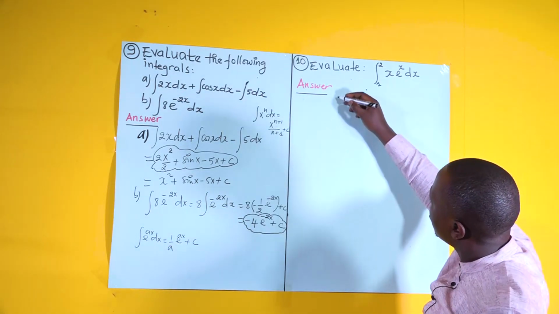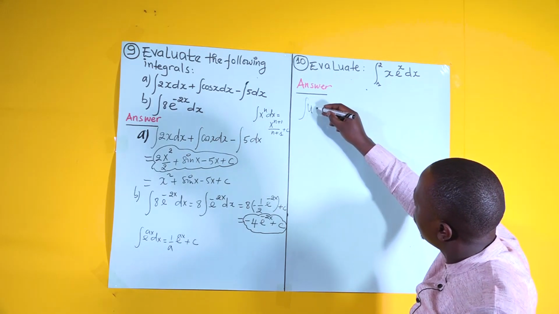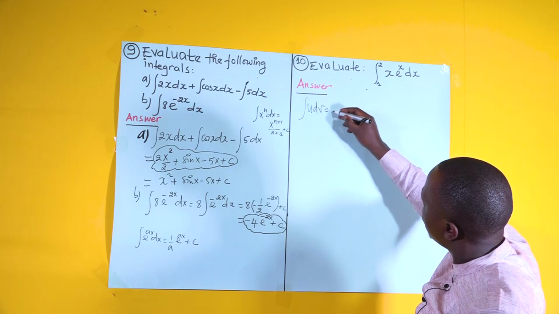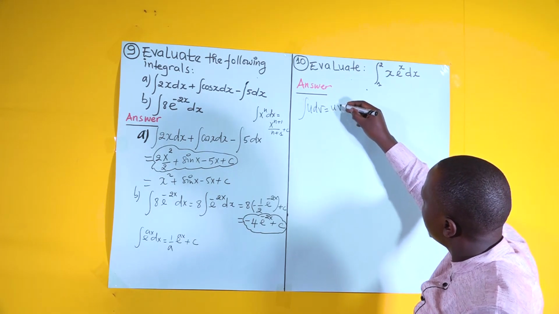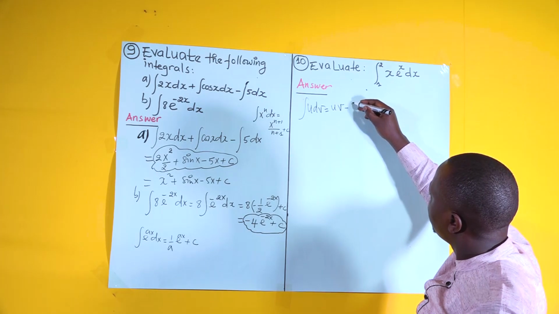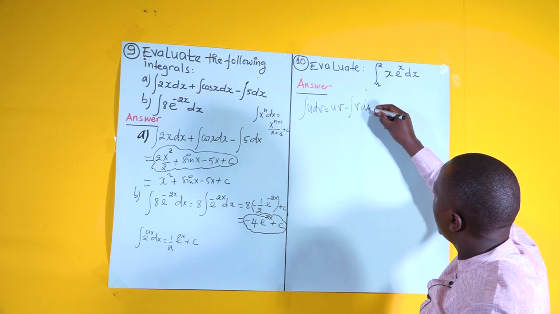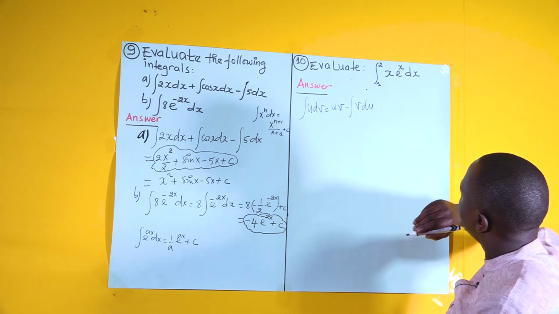Remember, we use this formula: integration of u dv equals u times v minus integration of v du.